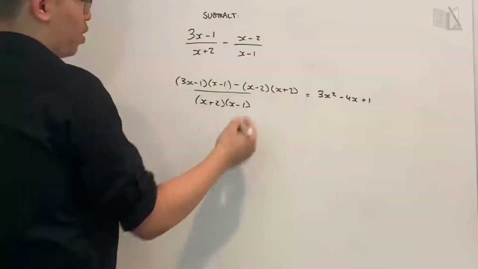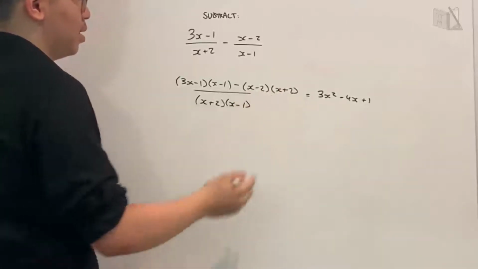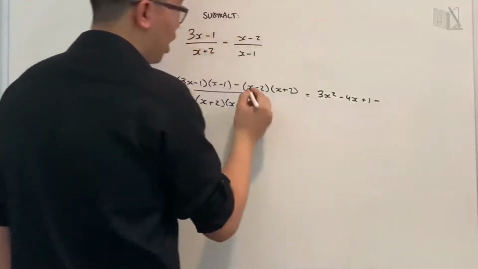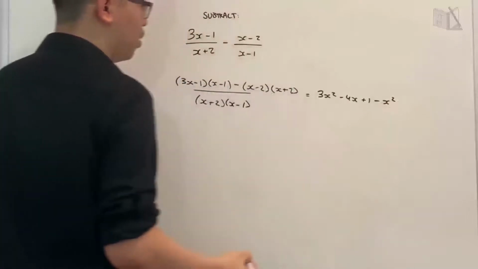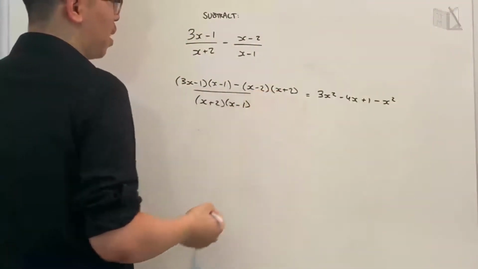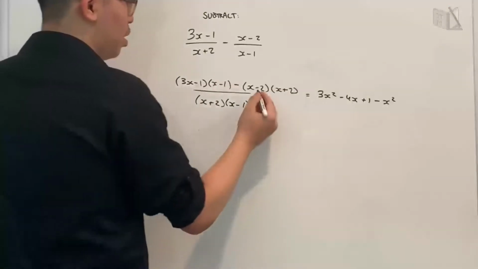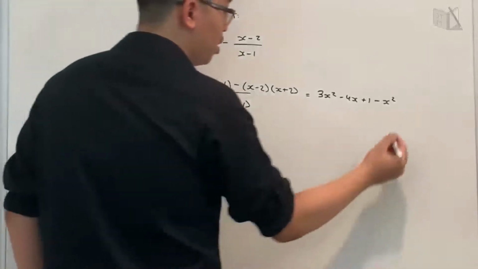And then we're going to work with the second bracket here. x multiplied by x is x². And don't forget the minus symbol. So minus x². Minus 2 multiplied by x plus 2 multiplied by x is 0. And minus 2 multiplied by plus 2 is minus 4.